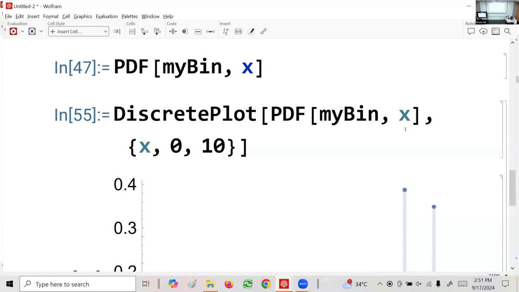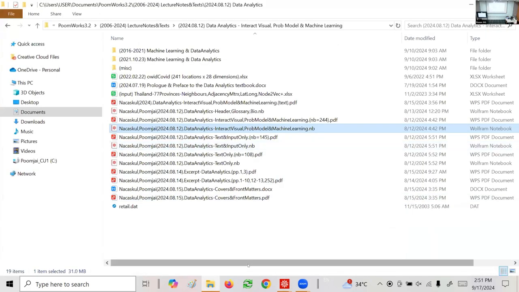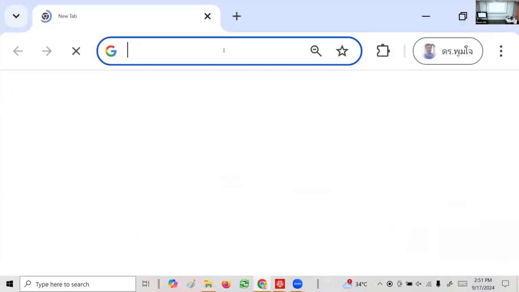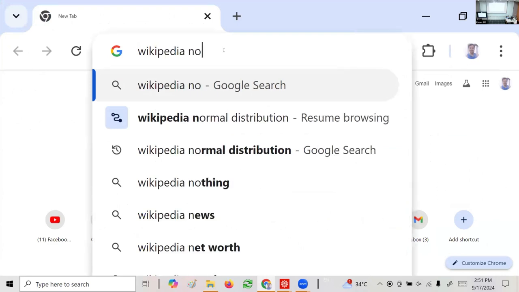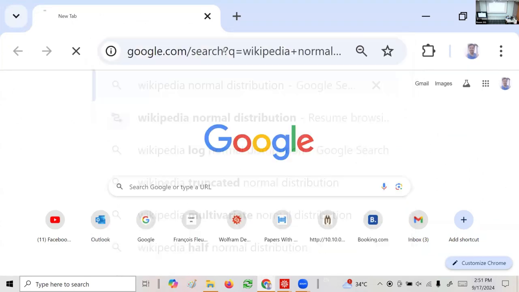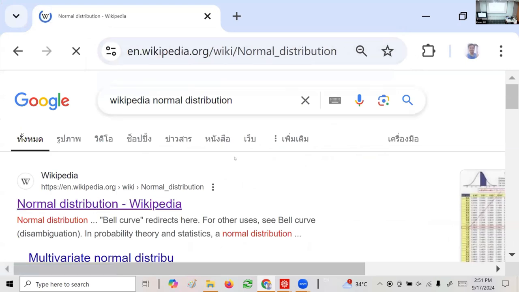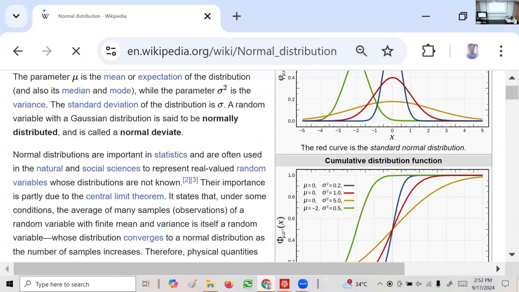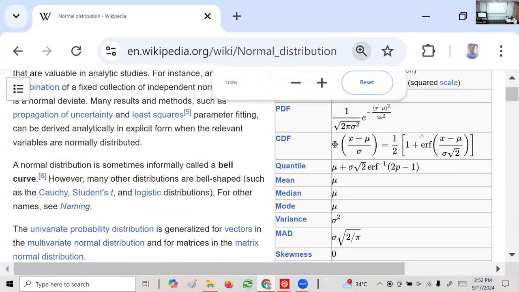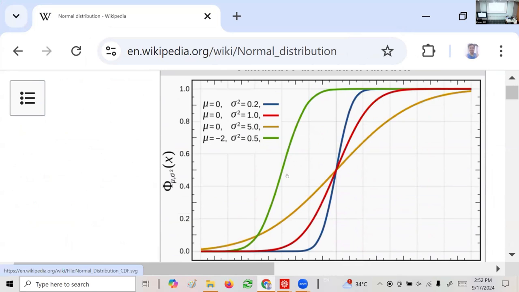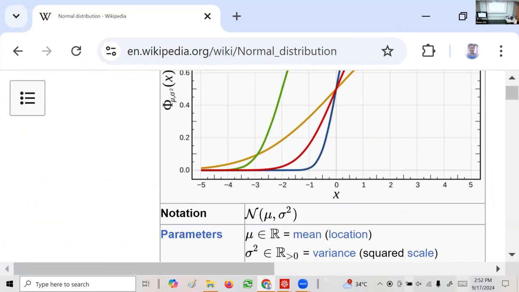Now, let's go to a break. But before we go to the break, I want to take you to this Wikipedia page. Wikipedia, let's say normal distribution. Hang tight, I'm almost done. Now, this describes the normal distribution, right? This one is not interactive because it doesn't have that thing that we play with. So there it is.